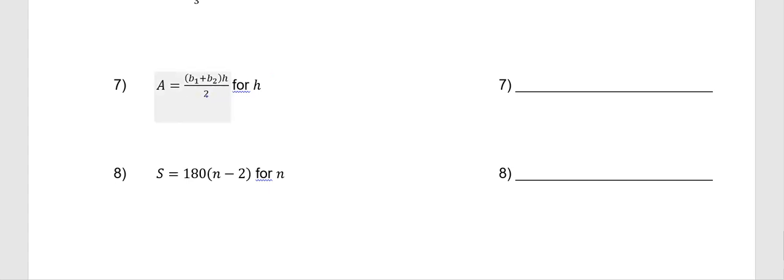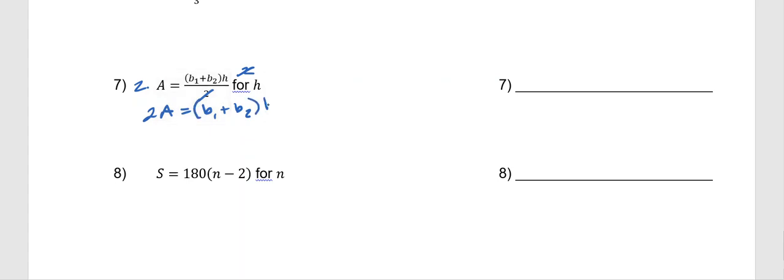The first thing I need to focus on is undoing the fact that all of this, B1 plus B2 in parentheses times H, is being divided by 2. So we can start by multiplying both sides by 2. That will allow the 2's to cancel, and that leaves me with 2A equals B1 plus B2 in parentheses times H.